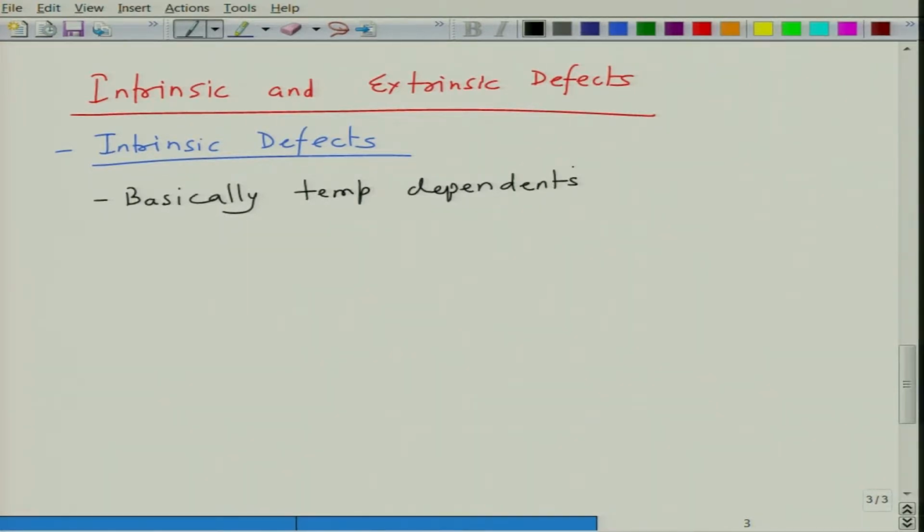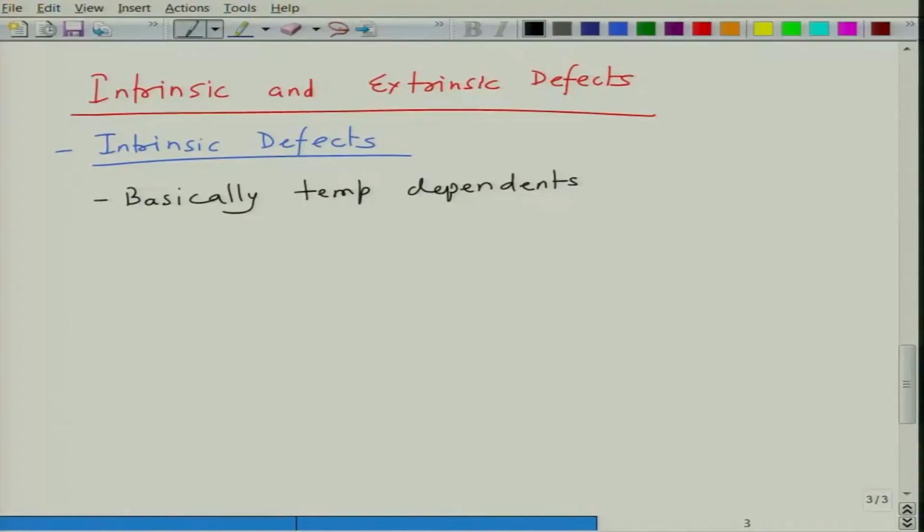There is no external variable such as oxygen deficiency, oxygen excess or impurity. So basically it is temperature dependent. Defects like Schottky disorder and Frenkel disorder are all intrinsic defects. They do not change the stoichiometry of the system and they can be determined from the intrinsic defect equation.